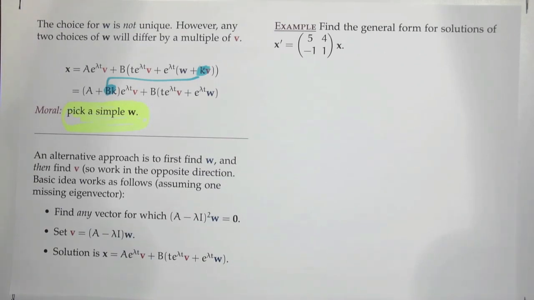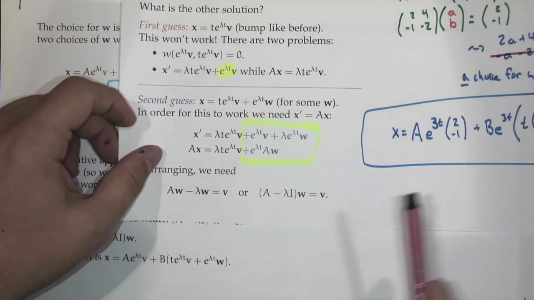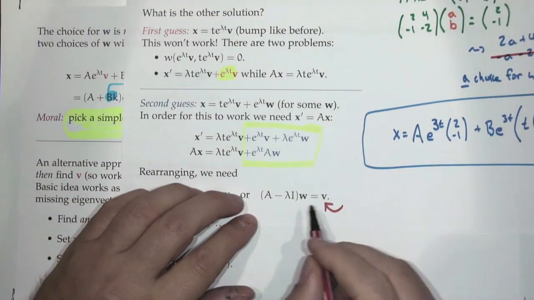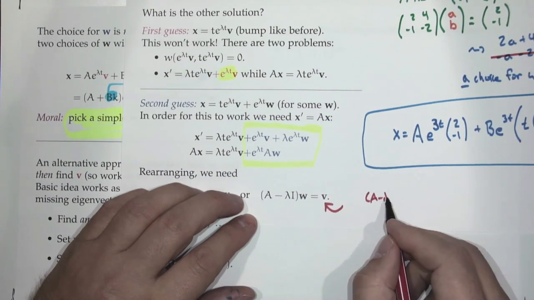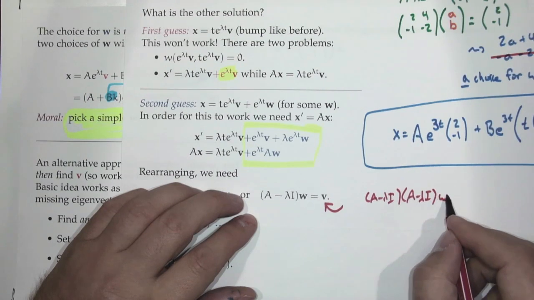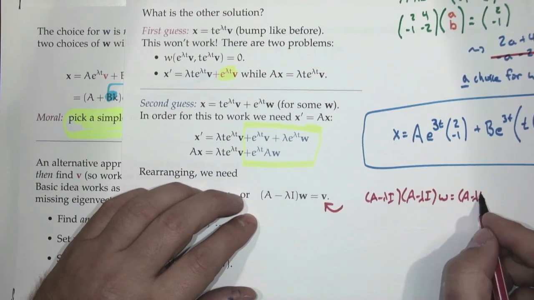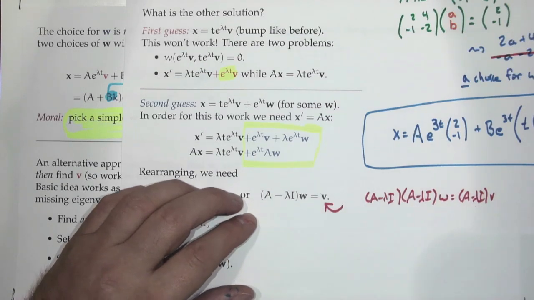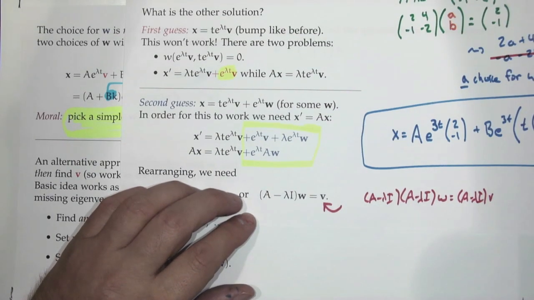If you go back to what you just saw here, do you see how you have (A minus lambda I) times w equals v? If you multiply both sides by A minus lambda I, and we'll do that really quickly, I hope, what happens to (A minus lambda I) times v? It's 0.